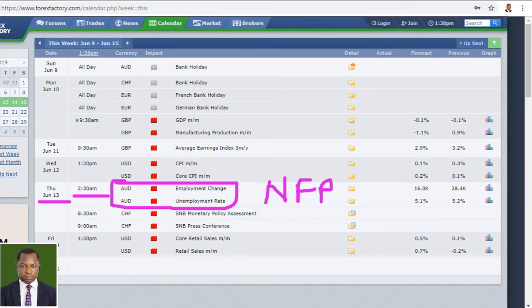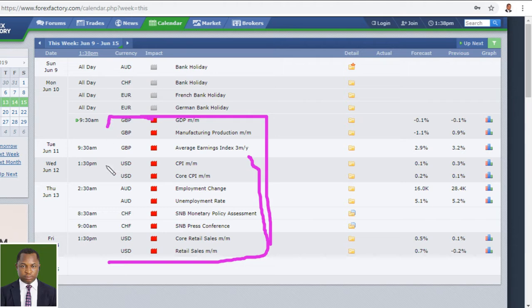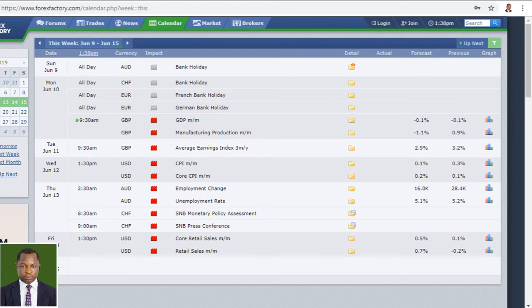This is going to cause some market volatility, as employment data are usually very powerful news announcements that can rock the market. Okay, others are normal high impact news announcements, speeches and the rest. Just pay attention to all of these news events. All right, especially if you're an intraday trader, you want to really pay attention to those news announcements.